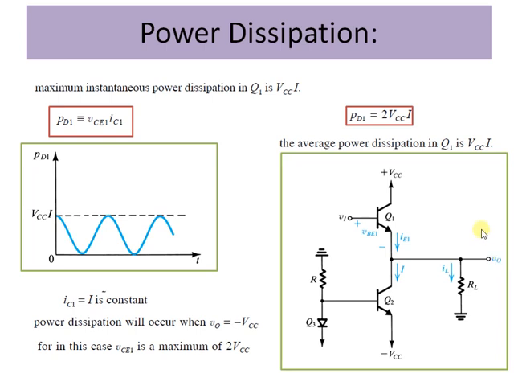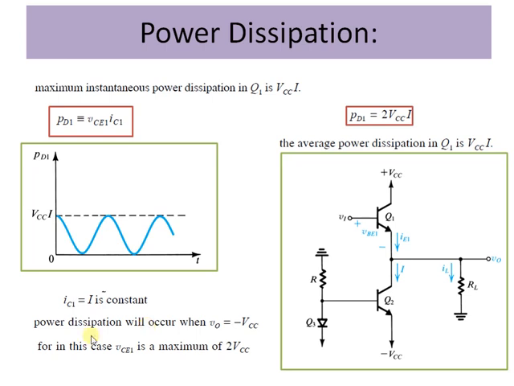So the power dissipation in Q1 will depend upon the value of RL. Considering when RL is equal to infinite, that is output open circuited, we will have the collector current IC1, which is equal to I, a constant value, and the instantaneous power dissipation in Q1 will depend upon the instantaneous value of Vout.